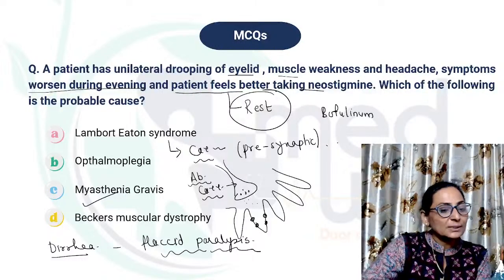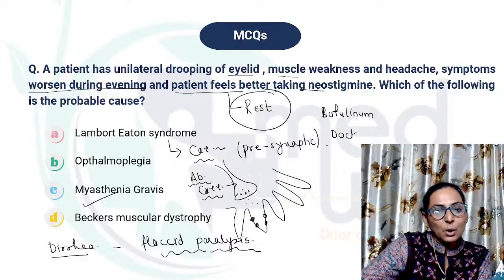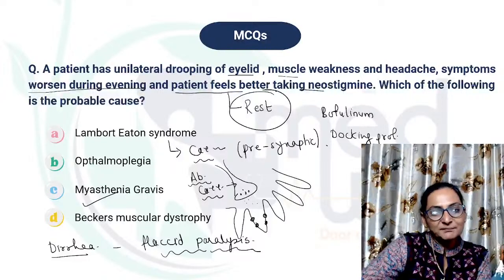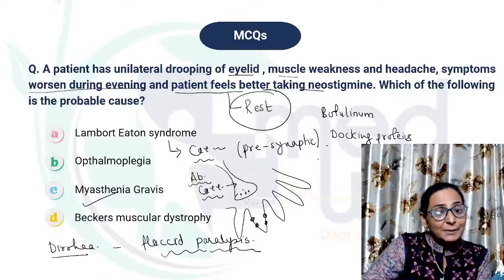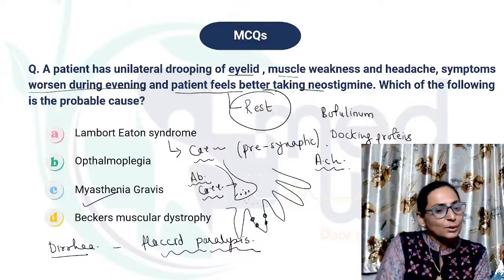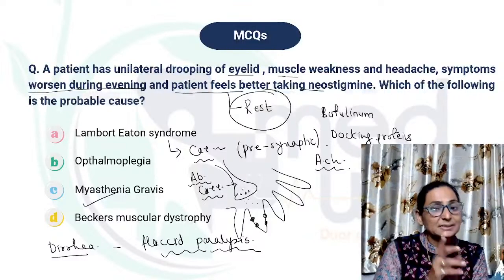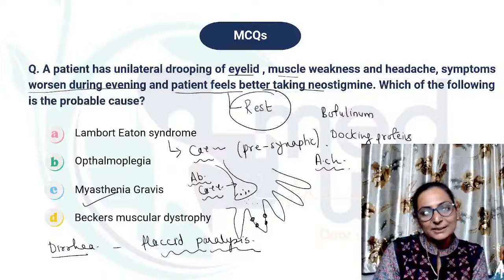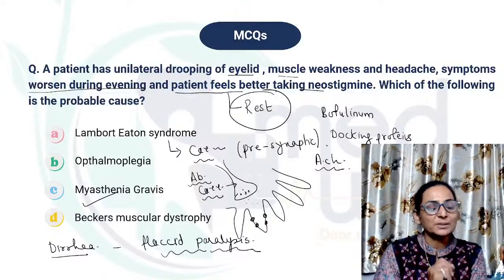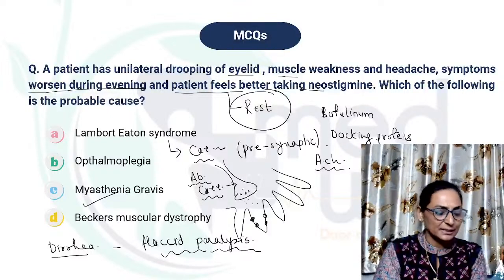The botulinum toxin acts in a way that interrupts the function of the docking proteins and prevents the release of acetylcholine, which causes failure of the action potentials to develop. It is not GBS, it is botulinum toxin that causes the flaccid paralysis, and the patient comes with a history of raw, uncooked meat. That is the history. Understood?